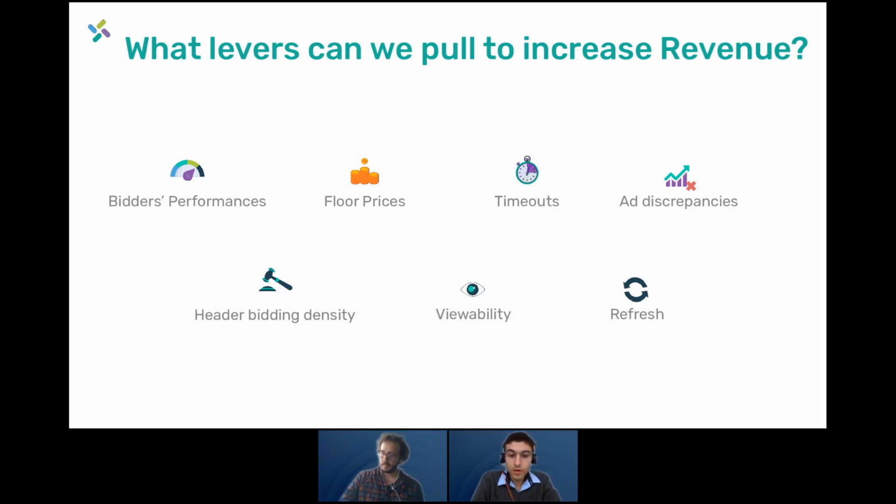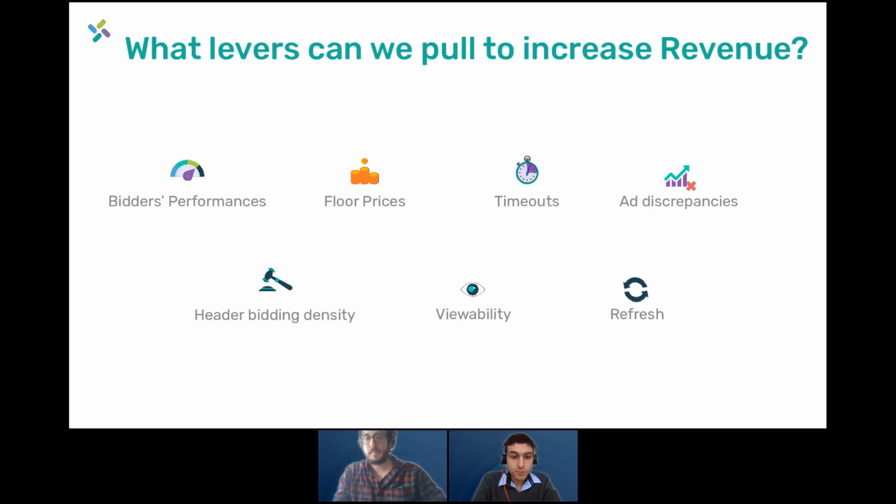So this will be about optimizing and maximizing the value that is brought by each of the SSPs that is plugged into the inventory. Then we will see how you can create value with floor prices. Then how analytics can help you manage timeouts. We will also talk about ad discrepancies and why ad discrepancies may be the sign that you're leaving money on the table.